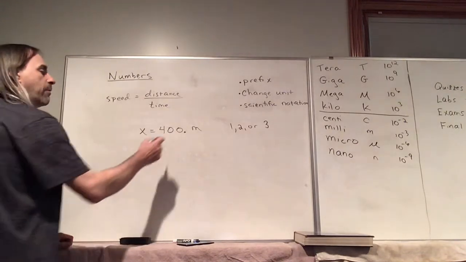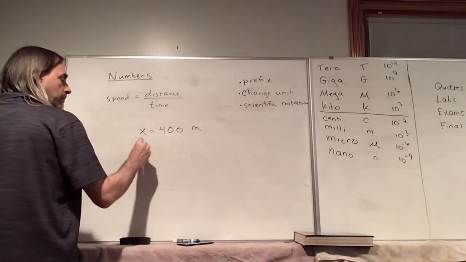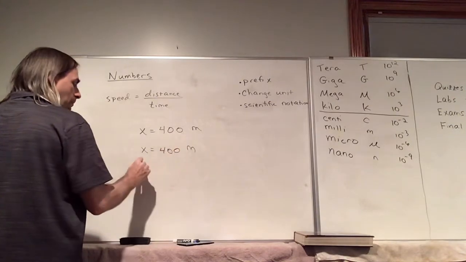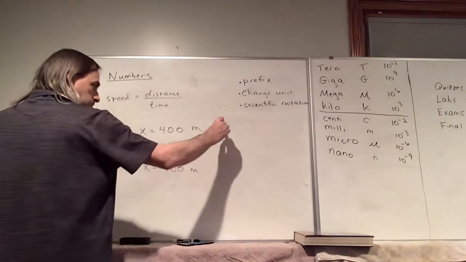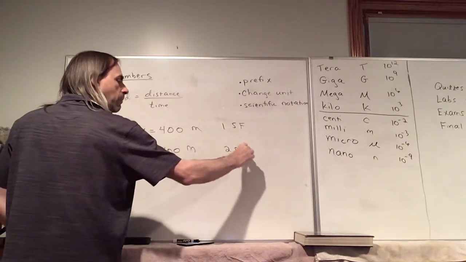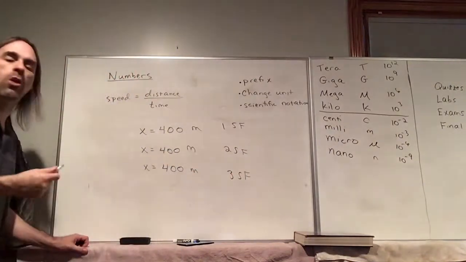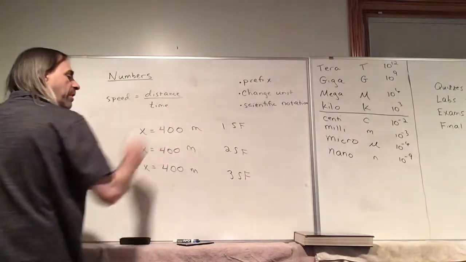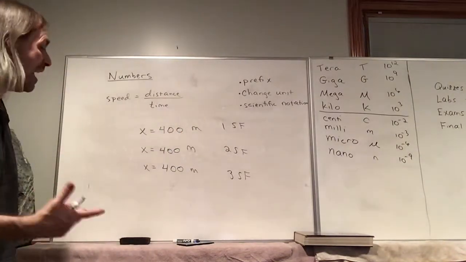You might see something like this. Let me write this a couple times. Let's write the number 400 with 1, 2, or 3 significant figures. So for 1 significant figure, we write the 4, and then we have 2 placeholders because we have to.